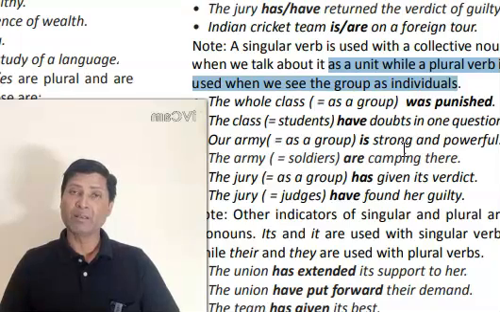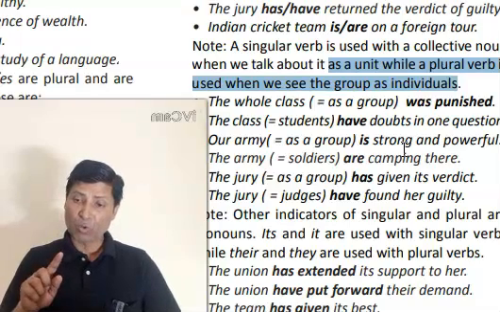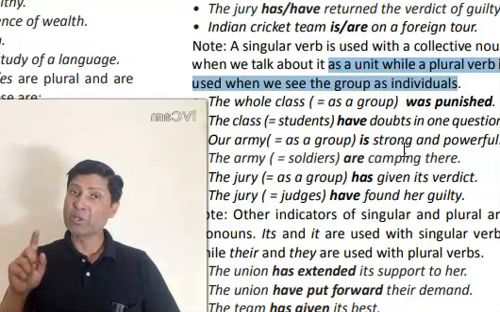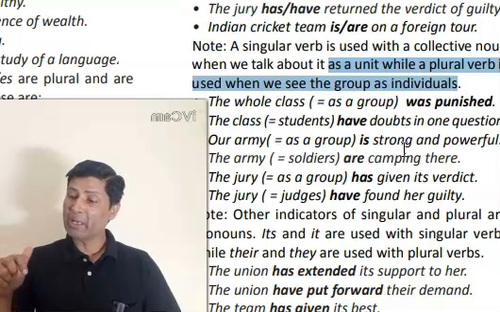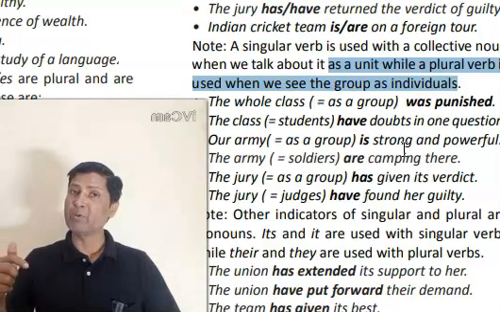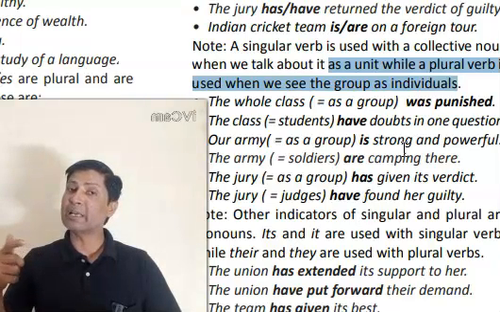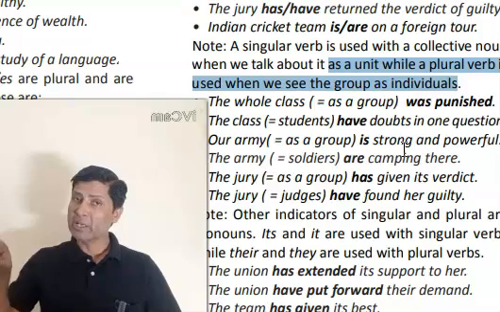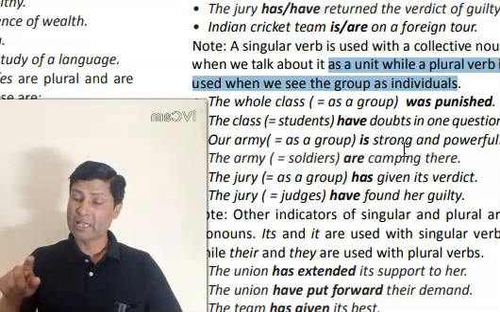But when we say, the class are discussing their problems, I am using the word class, but I am using it for students. So when I am talking about the constituents, the units that are making the group, then the verb will be plural. And if I am talking about it as a unit, then the verb will be singular.